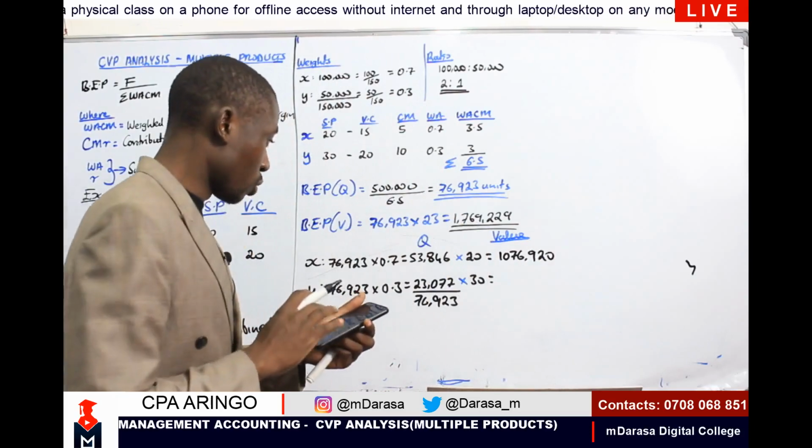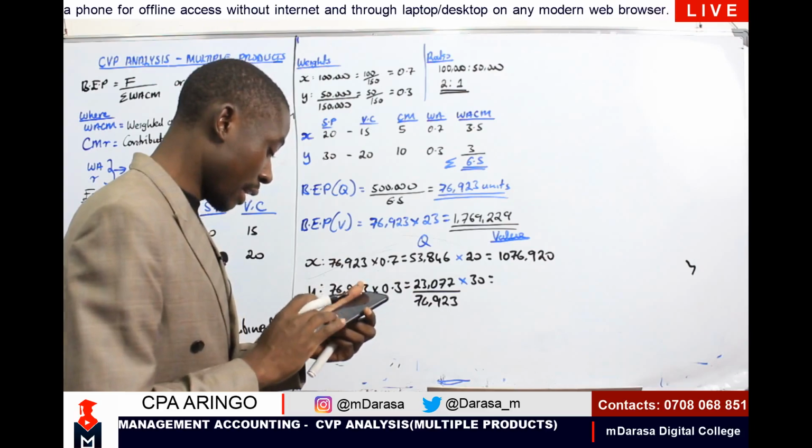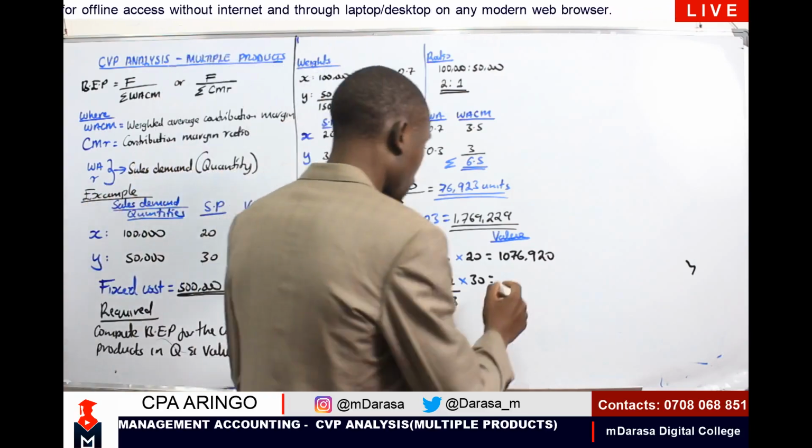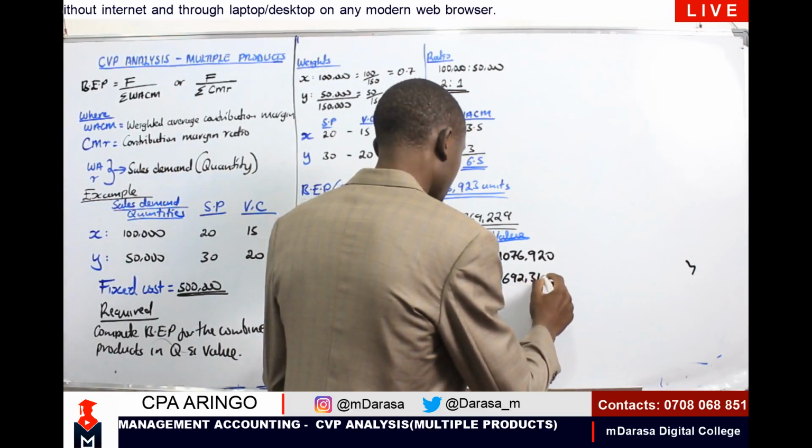Whereas the other one, you should be talking of 23,077, we multiply by 30 to give me a figure of 692,310.